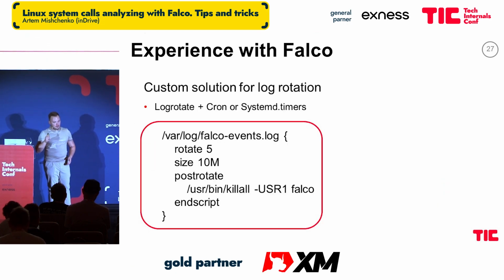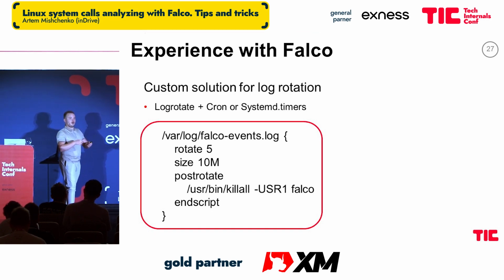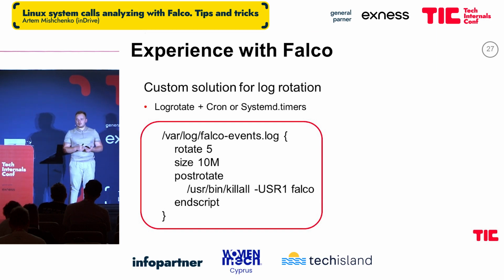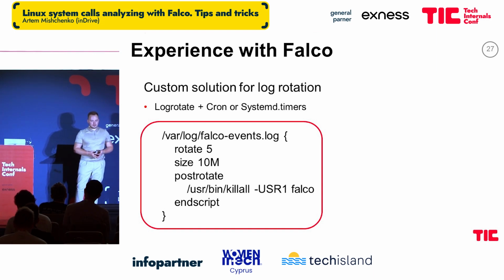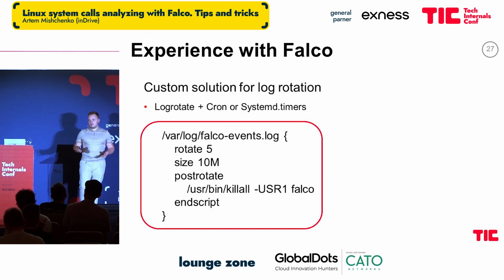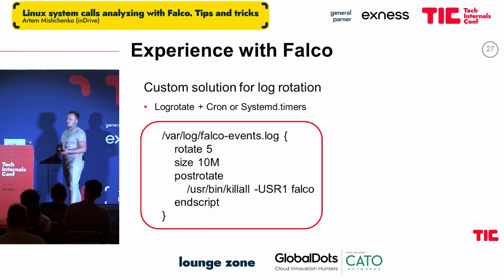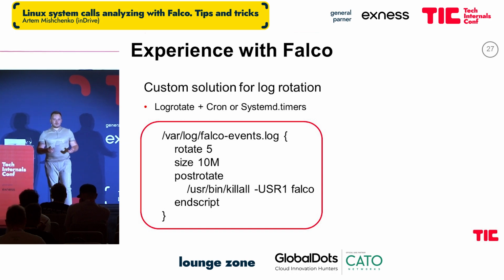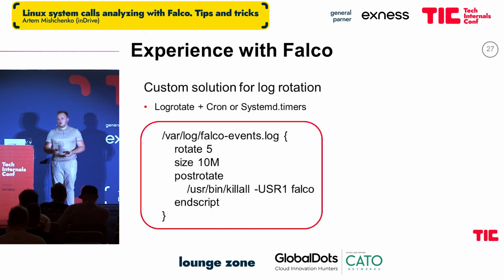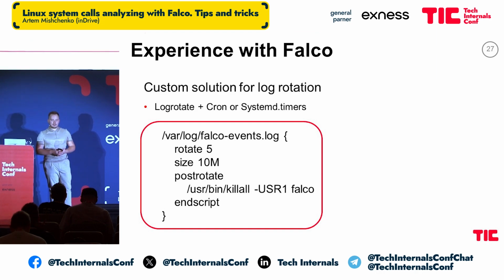Another interesting part is that Falco has different opportunities to send events to your monitoring systems. You can use HTTP, you can use gRPC, you can use different integrations, but with a big amount of events, sometimes it is useful to just use file system logging and then pretty simple log shipping, sending this data in batches to some system.